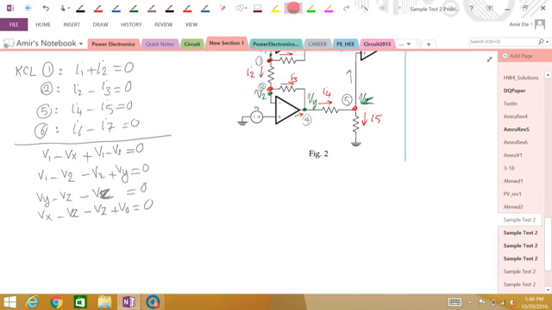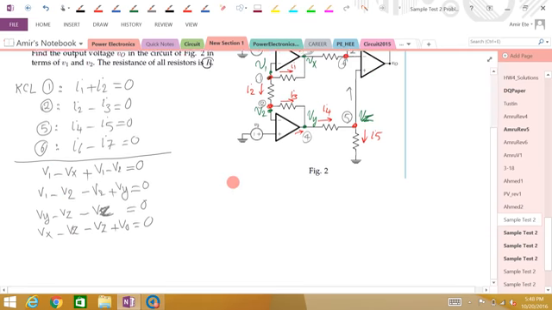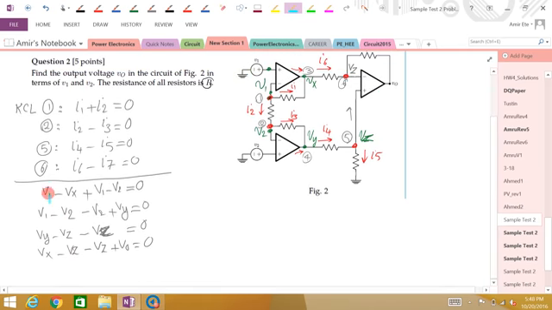So in these equations V1 and V2 are known. Vx is unknown, Vy is unknown, and Vz is unknown.